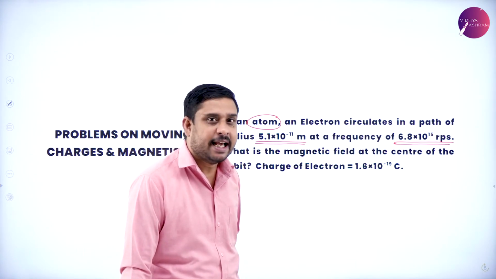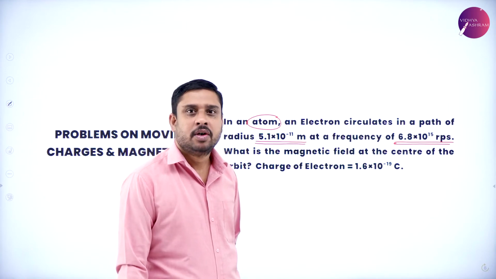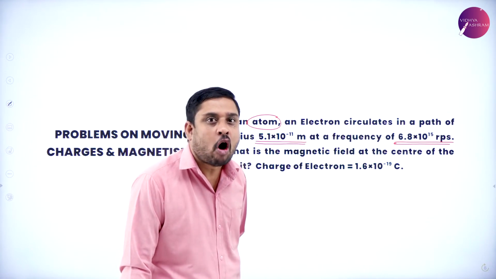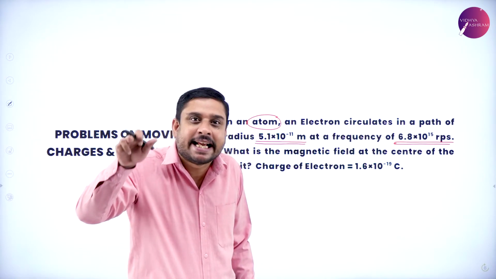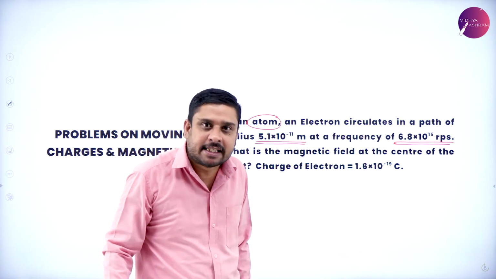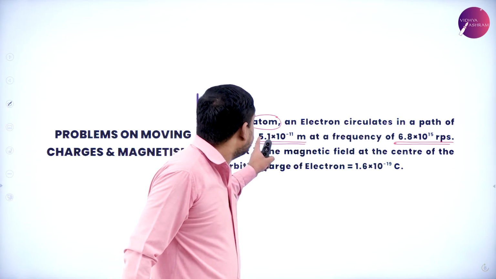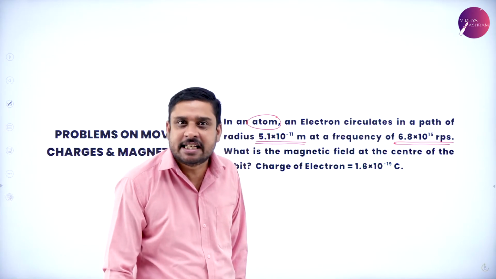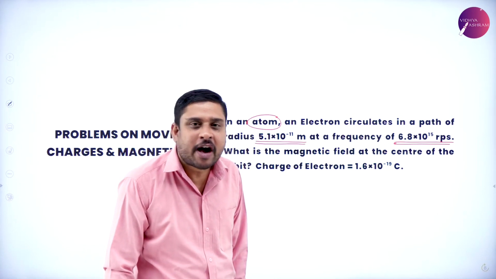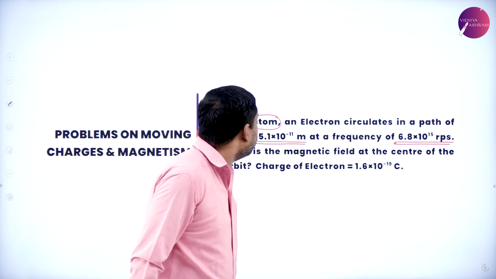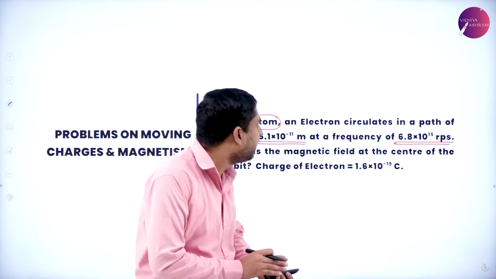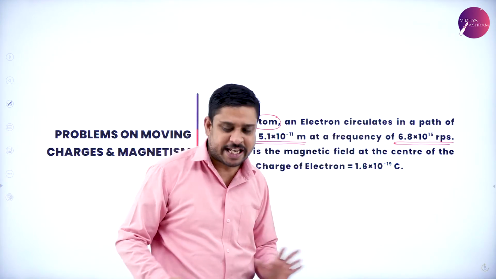One atom is there. So the electron is rotating in the atom in a path of radius 5.1 into 10 power minus 11 meter at this given frequency.